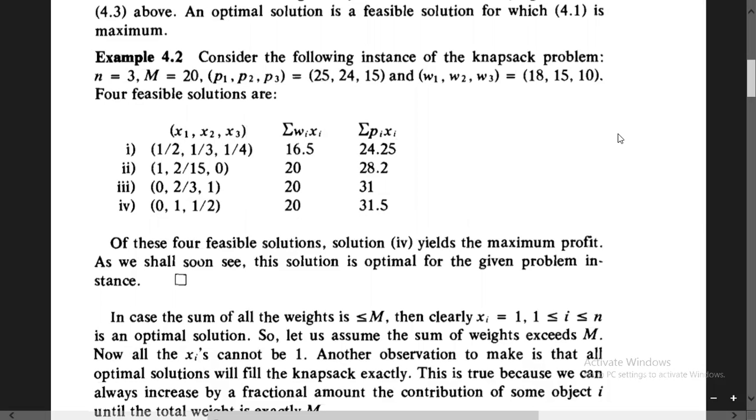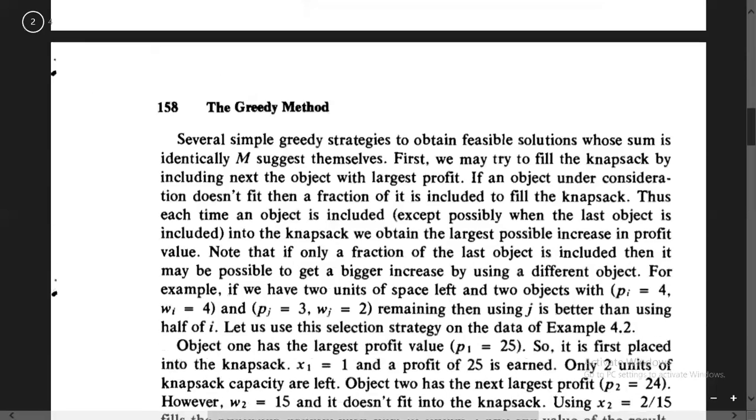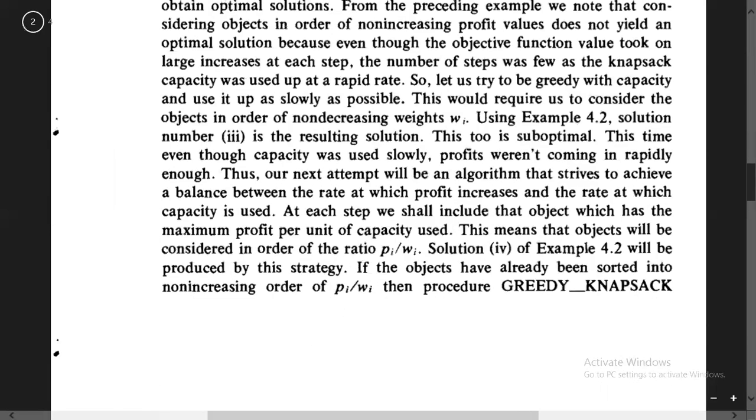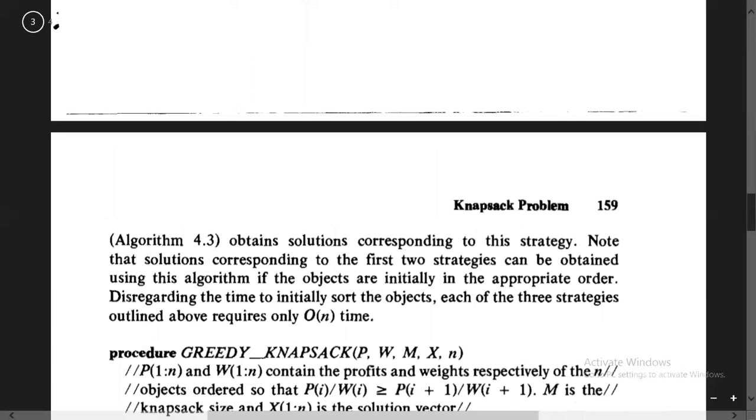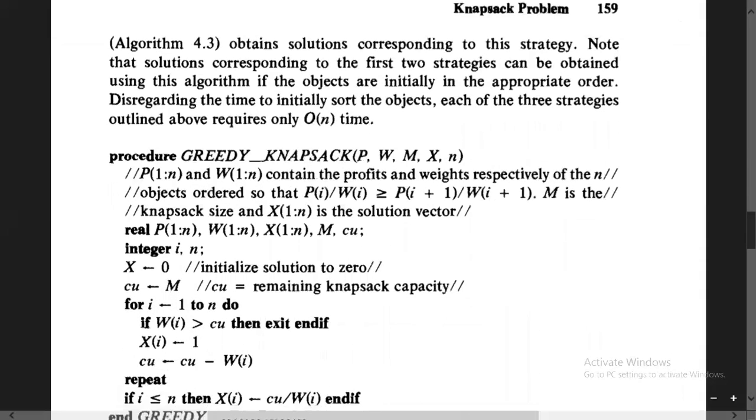So this we call the knapsack problem. Okay, the method is explained here and the algorithm goes like this. What is the complexity of the algorithm? It is big O of n. The complexity is big O of n.